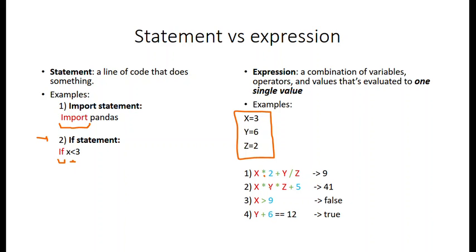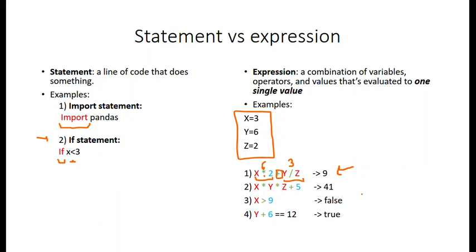X times 2. What is x? 3 times 2 is 6. Second, the division: y divided by z. y is 6, z is 2. 6 divided by 2 is 3. Next, we will evaluate the plus sign. What is the left side? 6. What is the right side? 3. 6 plus 3 is 9.